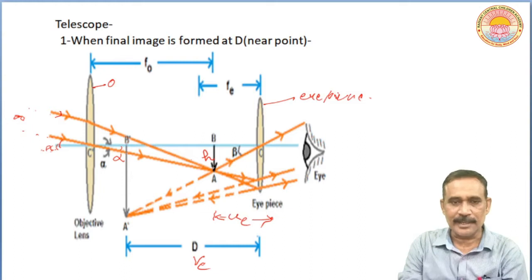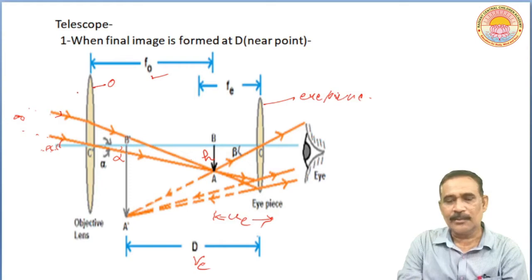This AB is the image of this distant object, and this image is formed at the focus of the objective. This FO is the focus of the objective, and finally we have to make the final image at D.